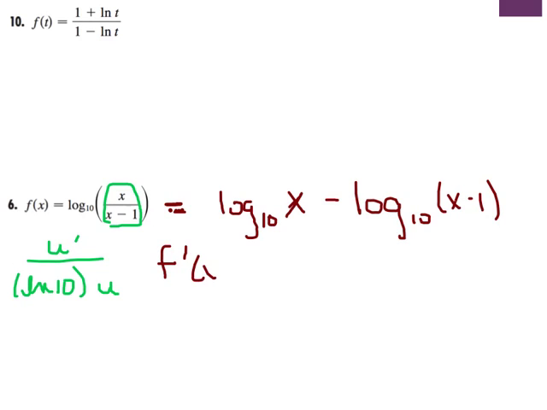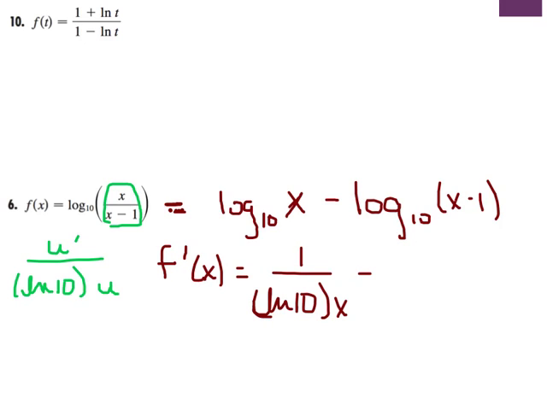So the derivative of log base 10 of x is 1 over x with a natural log of 10 in front, or behind. x ln 10 is fine. And then this is a u, so I'm going to do the u prime over u with the natural log of 10 here.